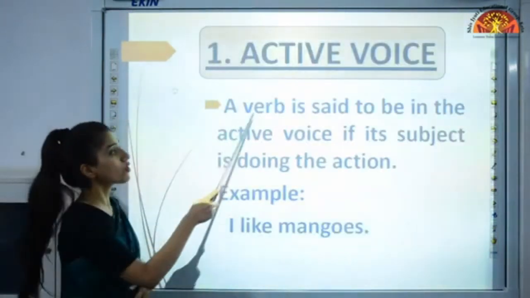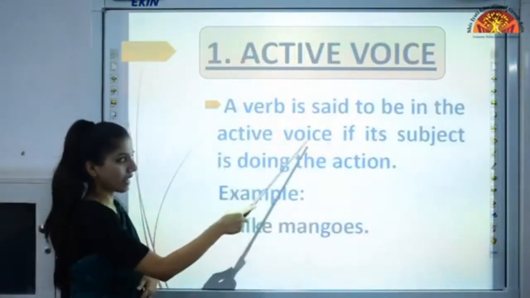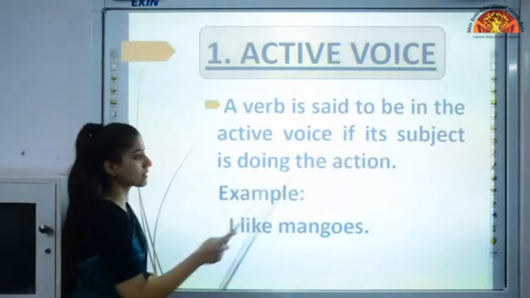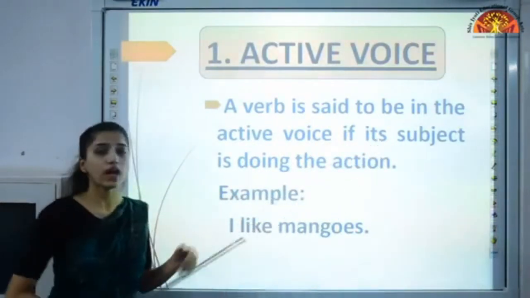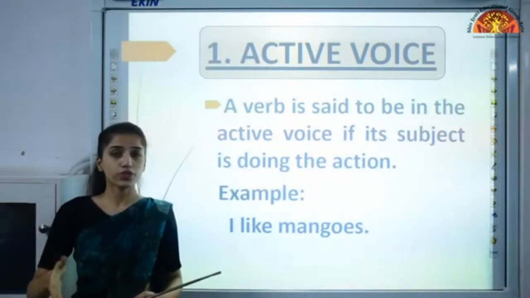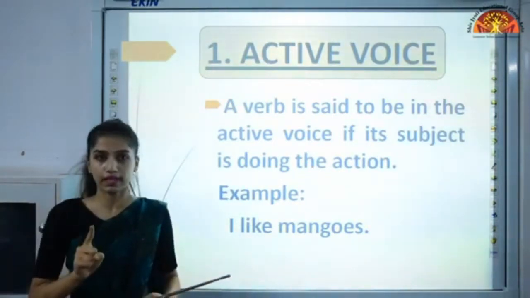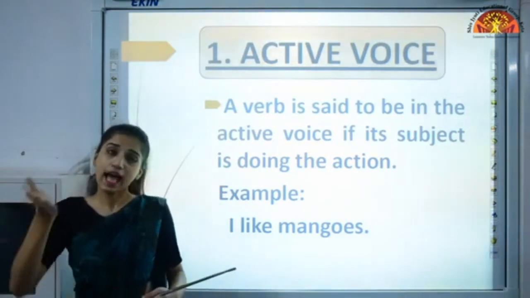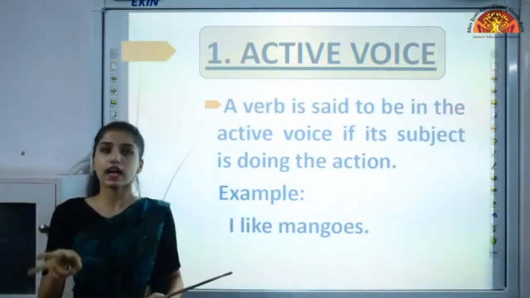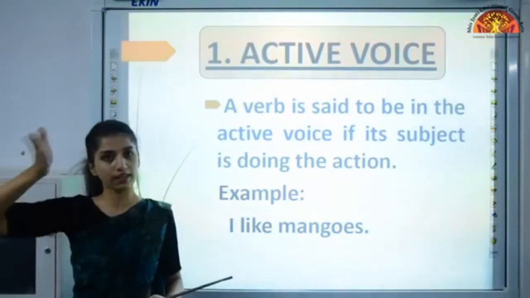Active voice: a verb is said to be in the active voice if its subject is doing the action. As I told you, the ways are different, but we are telling the same thing only. The ways are two only, active and passive.